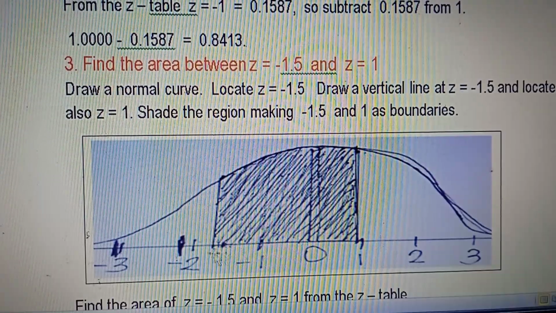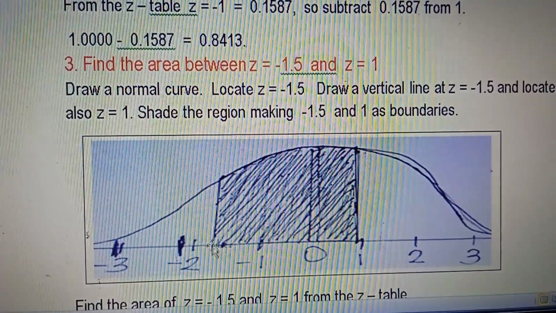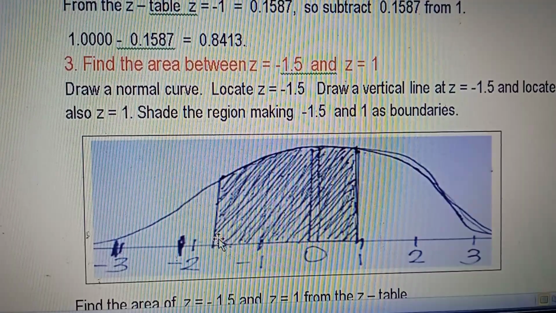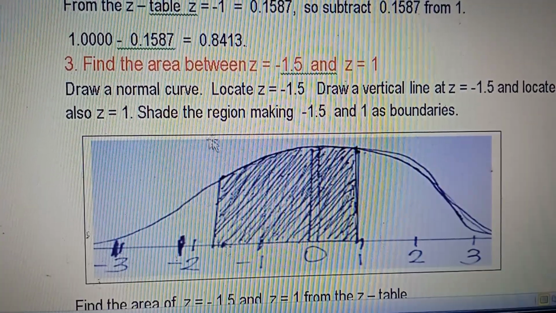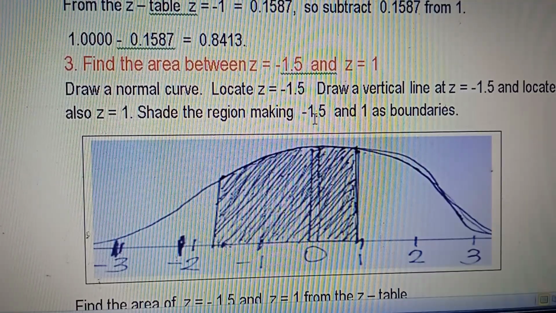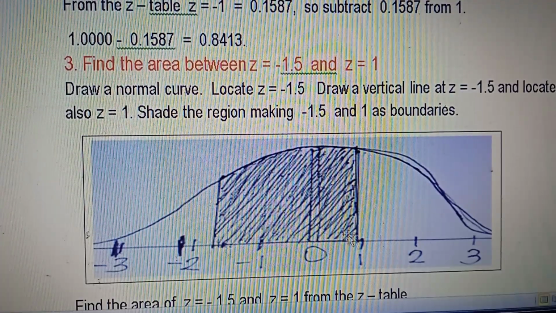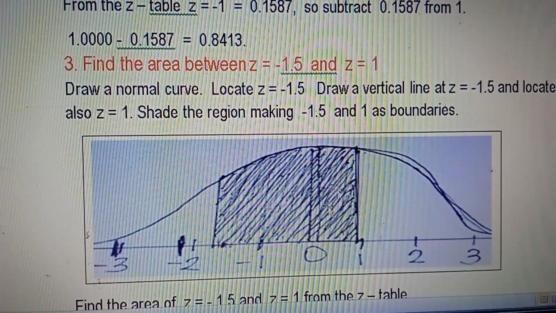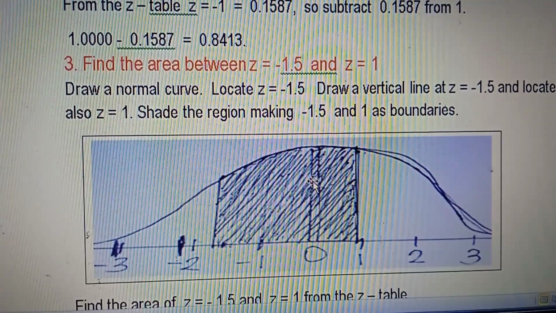Here, this is approximately negative 1.5, and also locate z equals 1. Shade the region between negative 1.5 and 1. After drawing the vertical lines, you shade this region as your indicator. That is the area you are looking for.